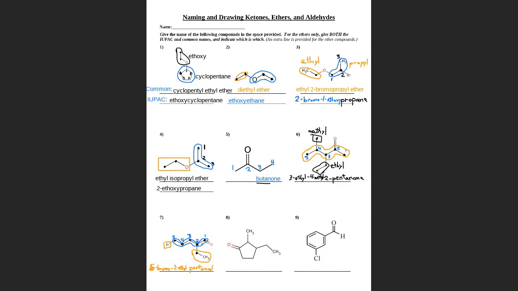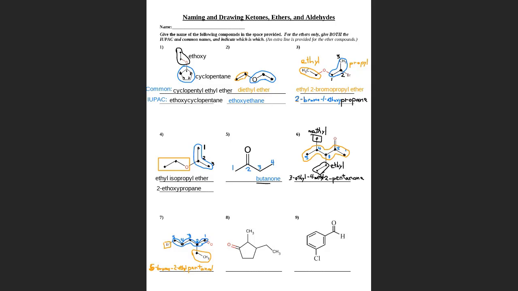And actually there should be no space there, sorry. 5 bromo, 2 ethyl, pentanal. I apologize for my abhorrent writing. There you go. 5 bromo, 2 ethyl, pentanal. My marginally illegible writing.